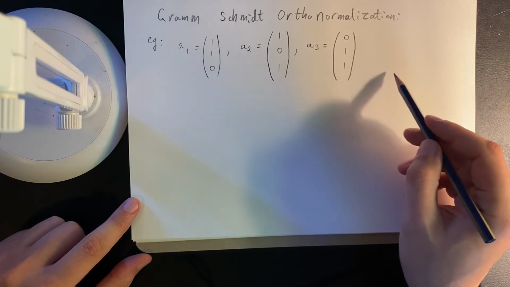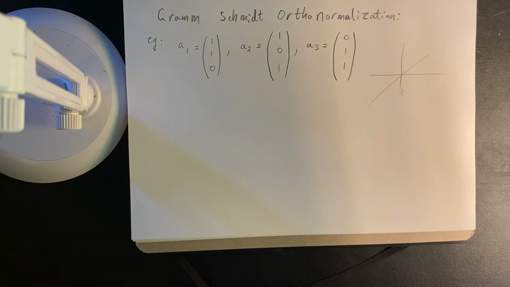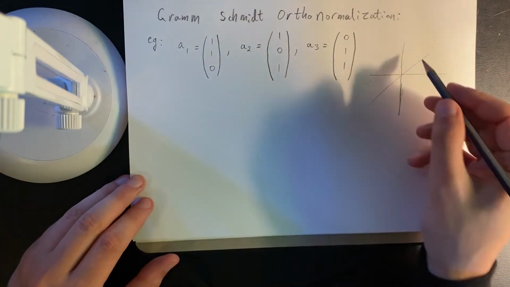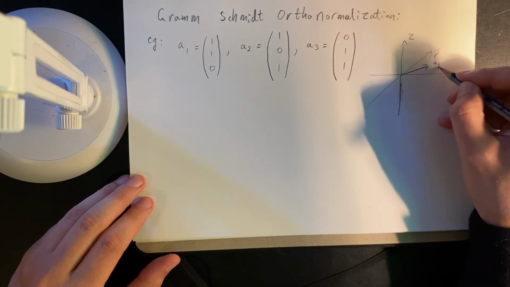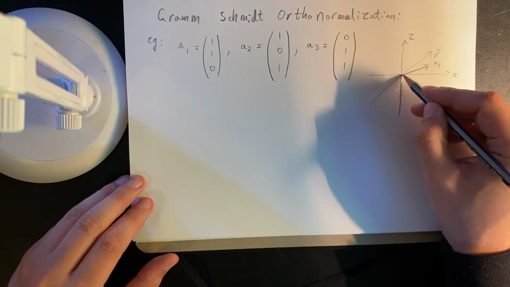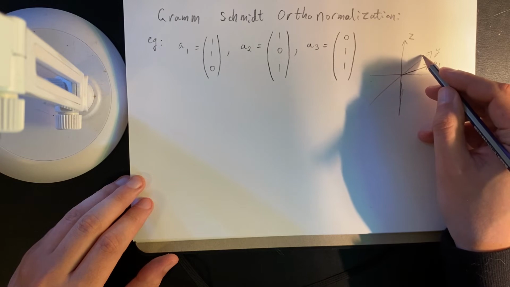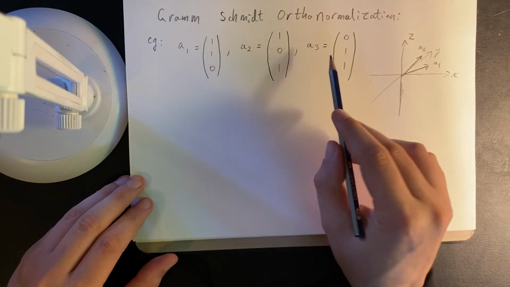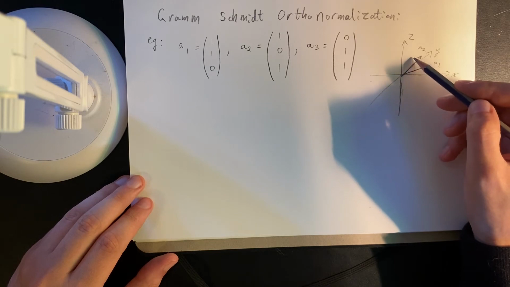So we're looking in 3-dimensional space. So here's our A1. And then our A2 is 1 in the X and 1 in the Z. And then our A3 is 1 in the Y and 1 in the Z.